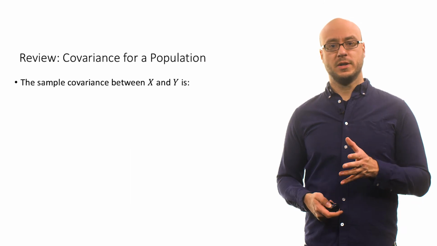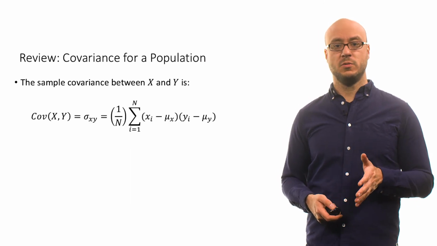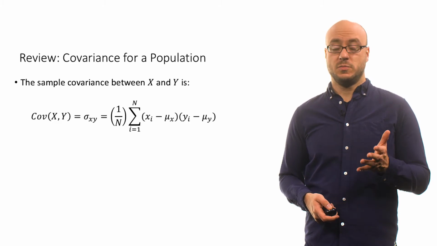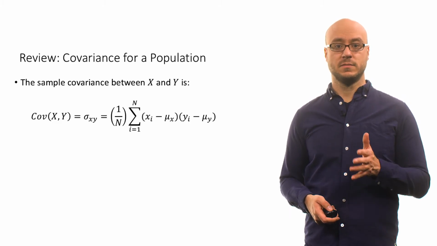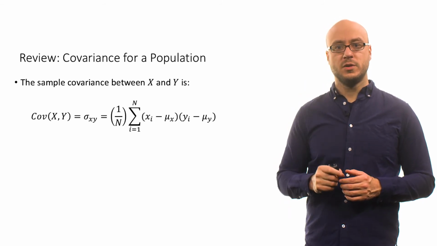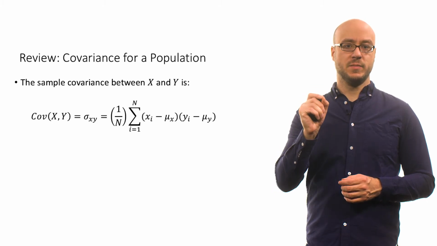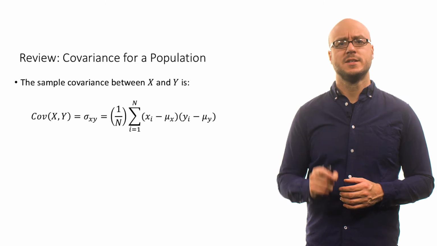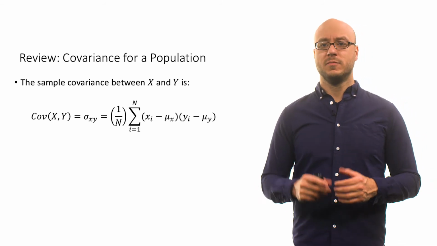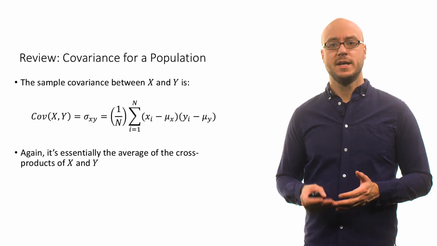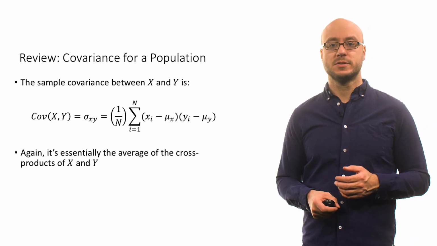In terms of a population, the notation is quite similar. When you have a population covariance between x and y, you might see it denoted by COV(x, y) with parentheses around it, but more often you will see the use of sigma. Remember, Greek letters refer to population parameters, so we have sigma subscript xy. And again, it's just the average of the cross products of x and y, except we're dealing with population parameters, because we presumably have the entire population.